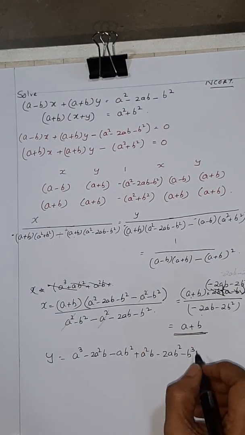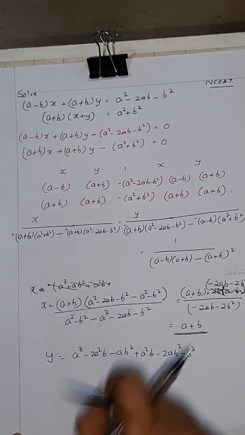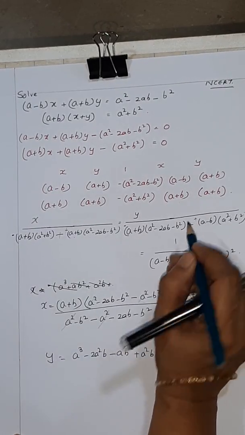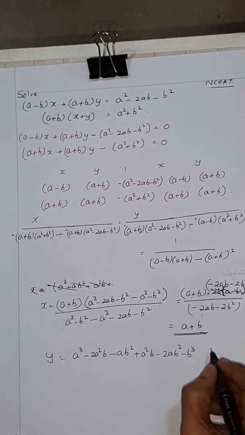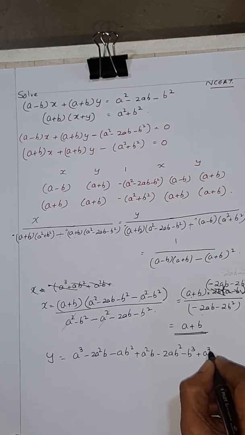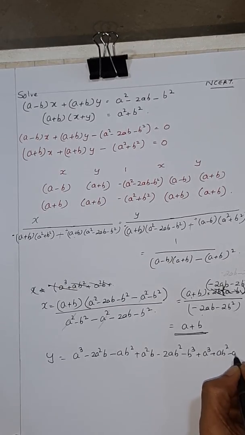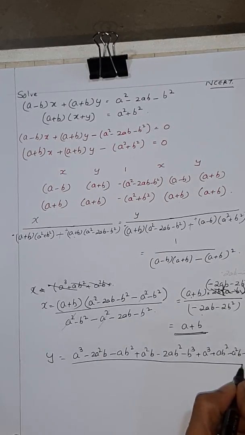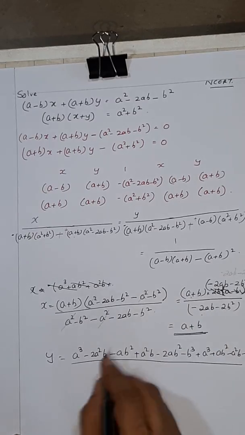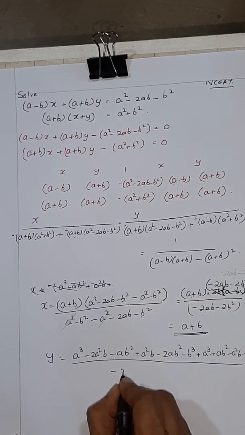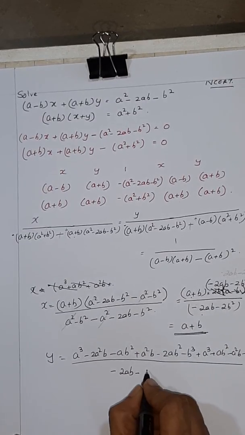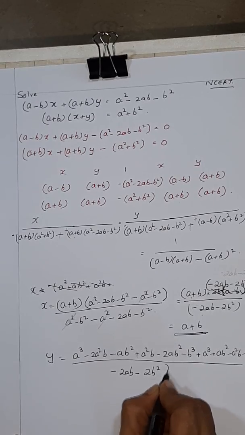So now this will be plus a cube plus ab squared minus a squared b minus b cube by the denominator we have already done. So you do not have to repeat it. It is minus 2ab minus 2b squared.